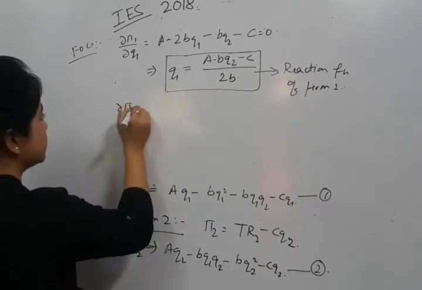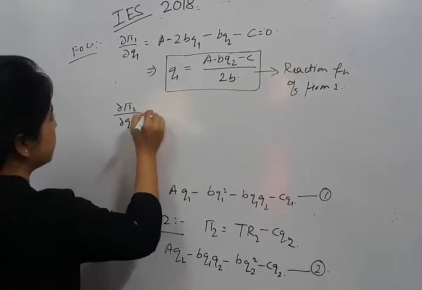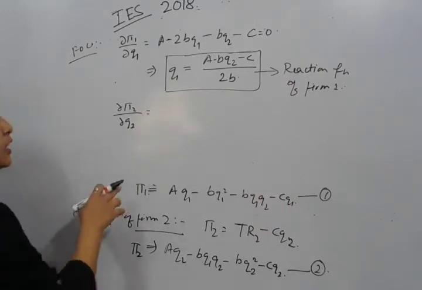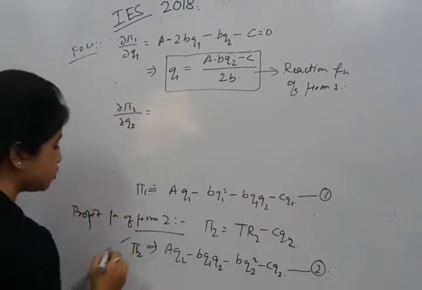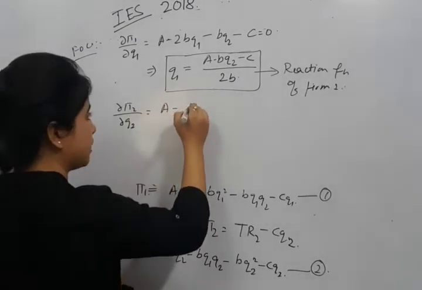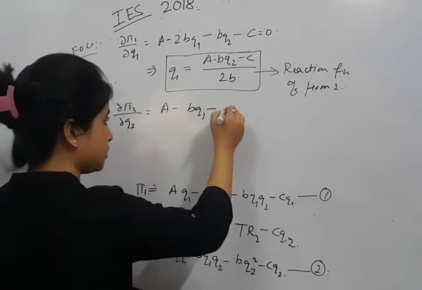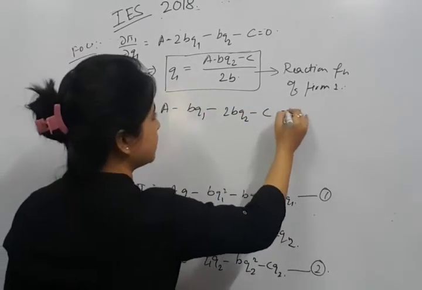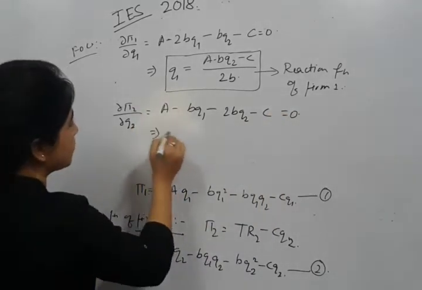Okay. Similarly, the first order condition, or differentiating the profit function of firm 2, del pi 2 by del q2, is equal to A minus bq1 minus 2bq2 minus c, and this is equal to 0.